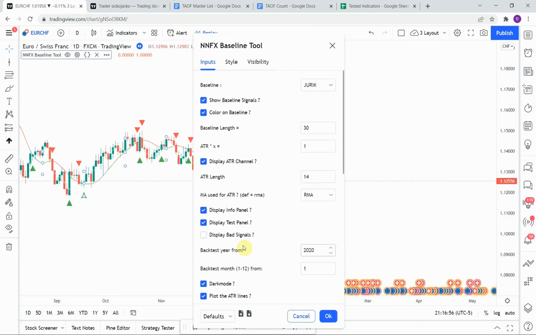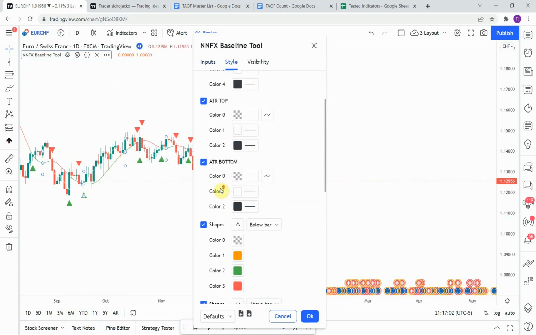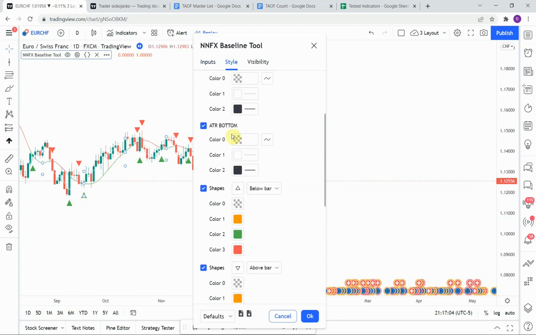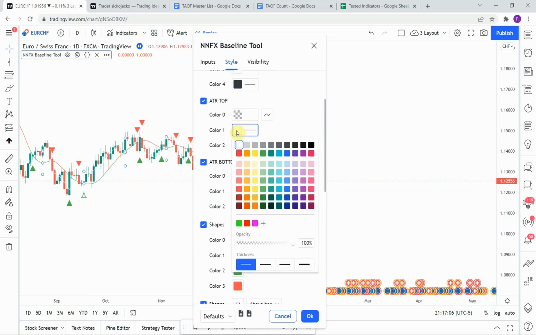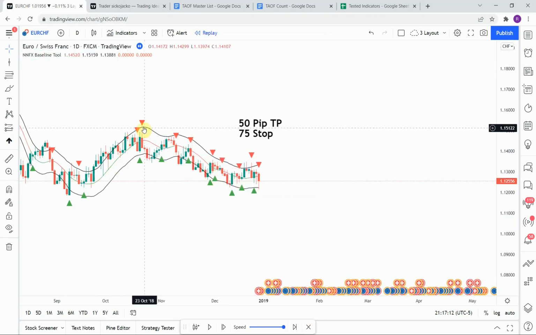Now there is an extra component to this that generally you don't see in the testing, and that is going to be the ATR. And so you can see it there, these two black lines here.